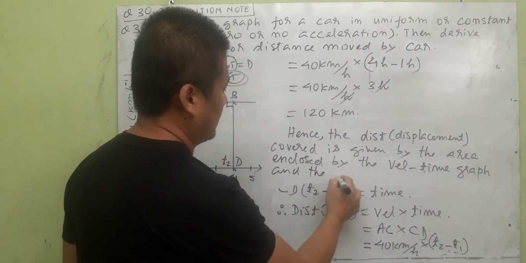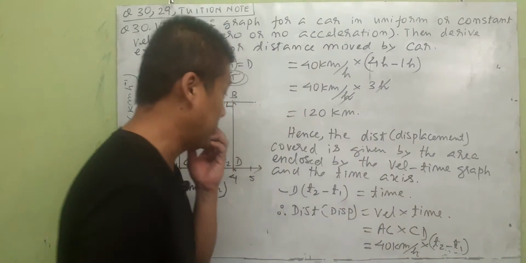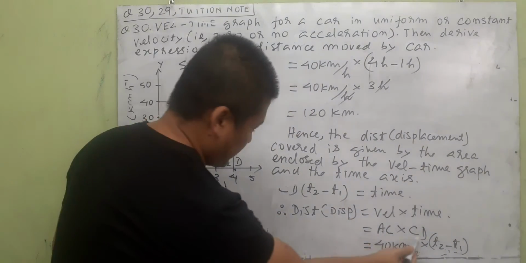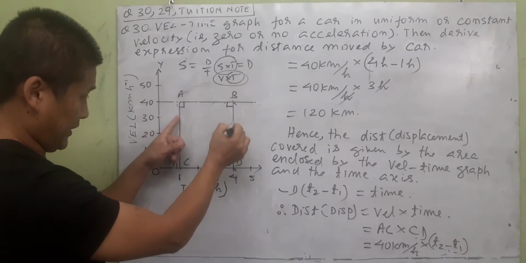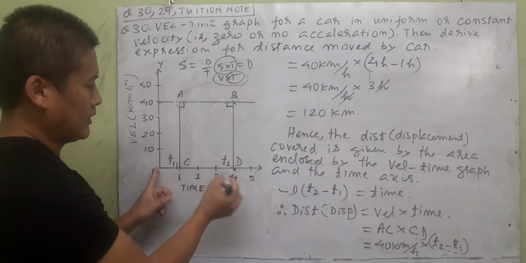This one here is the velocity time graph, and this is the time axis. Since we are getting AC into CD, meaning length into breadth, the area of this rectangle is enclosed between the graph and the time axis of the two points here.